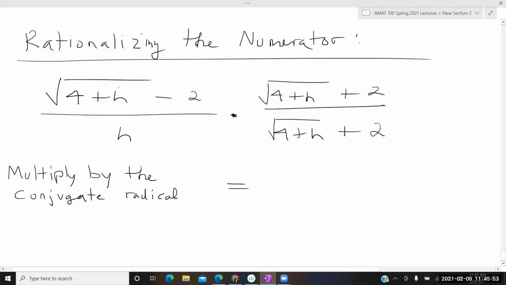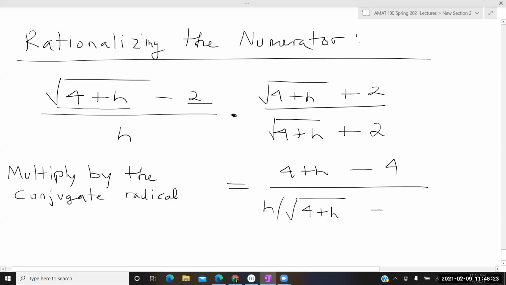You'll get this first thing squared minus this squared. When you square a square root, you just get the thing under the root, which is 4 plus h. Then you subtract off 2 squared, which is 4. And the denominator, you get h times the square root of 4 plus h, plus 2.